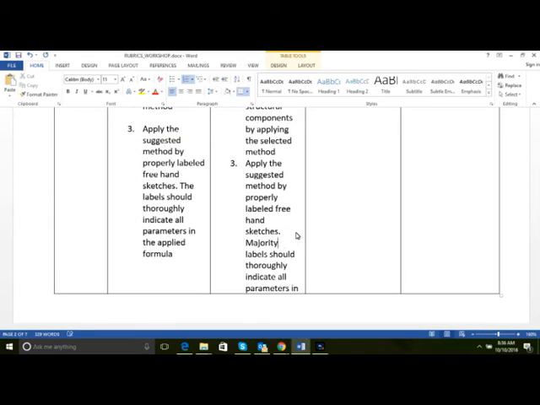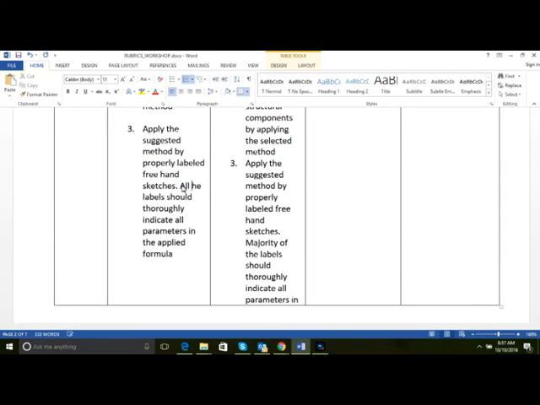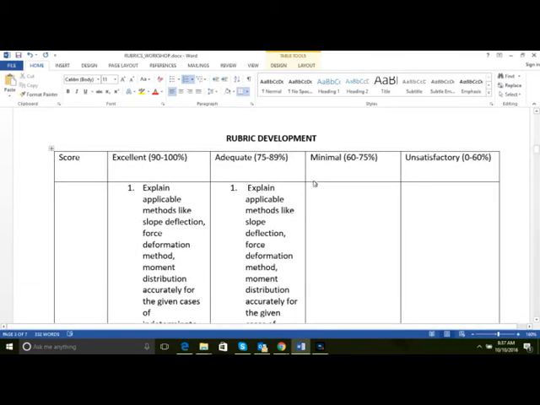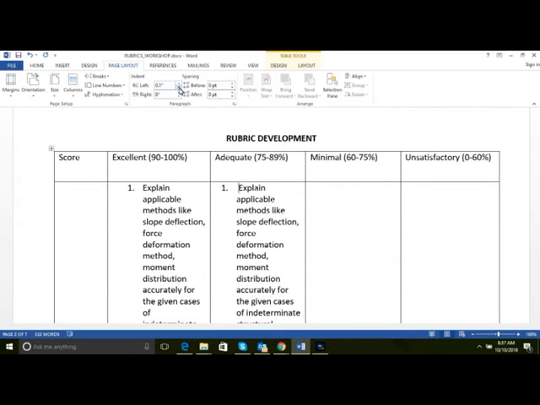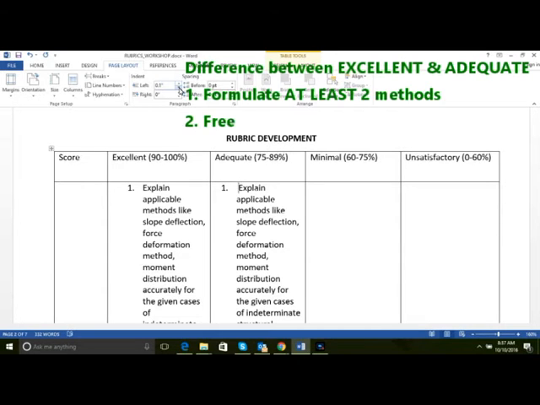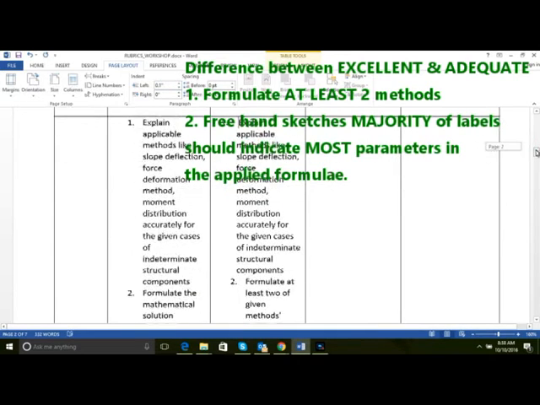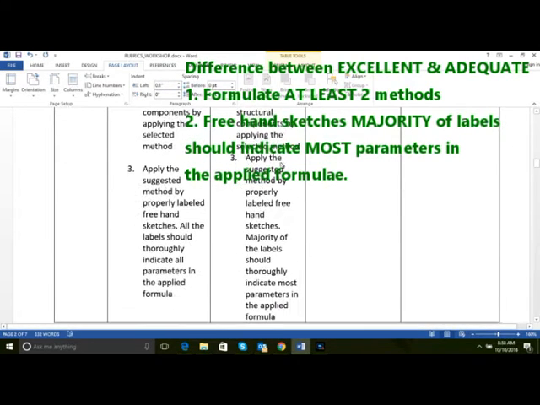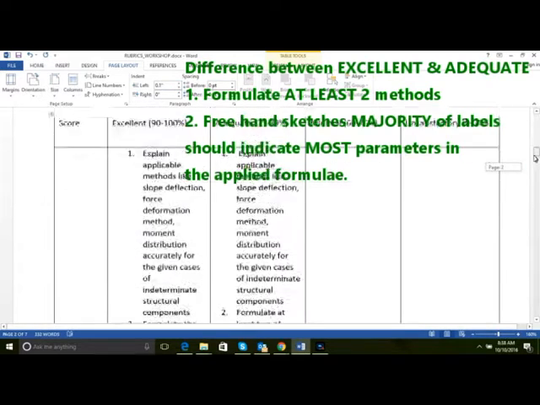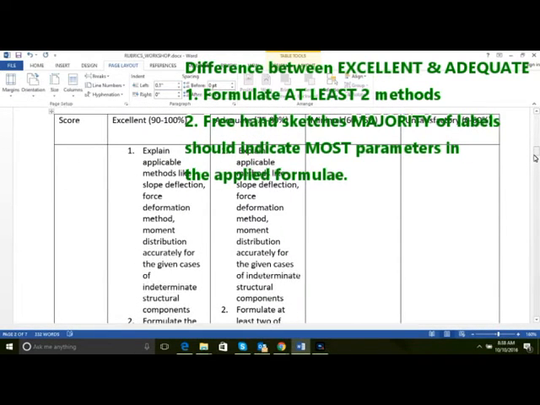Now, majority of the labels should thoroughly indicate most parameters of the applied formulae. So the difference in the adequate and excellent categories is formulation of just two methods and applying the given method with freehand labeled sketches, with majority of labels targeting most of the parameters in the formulae.